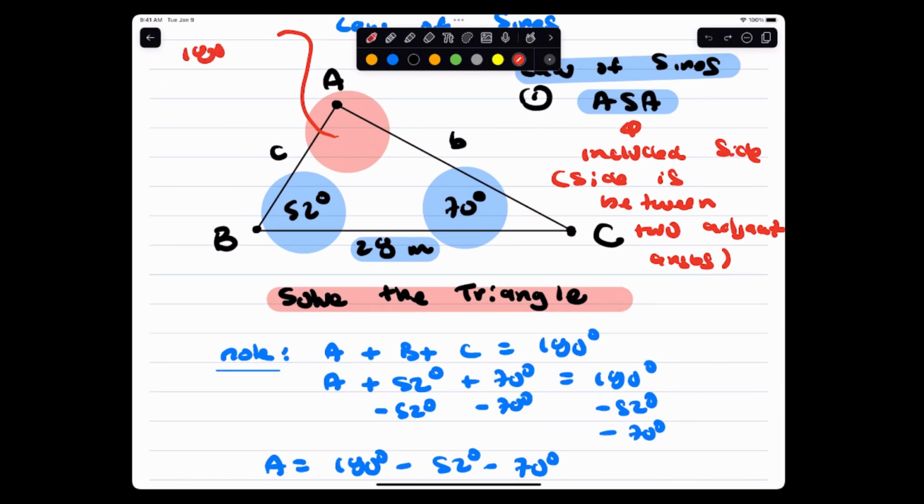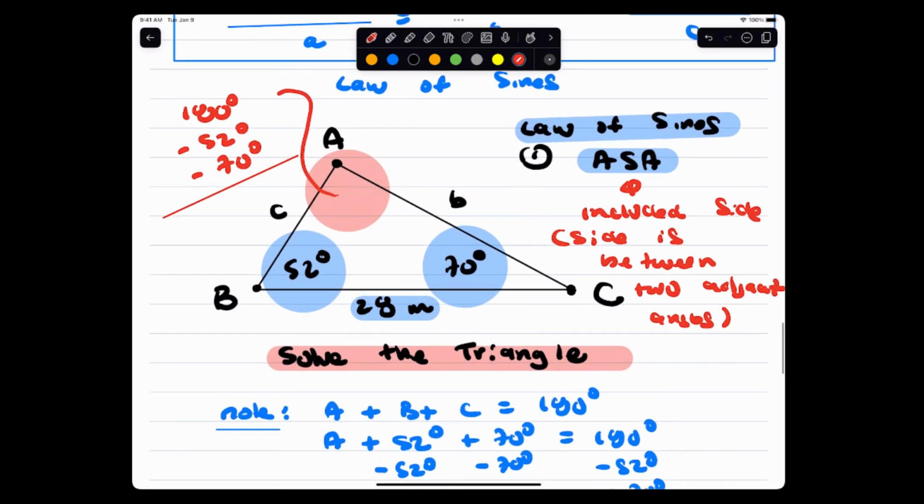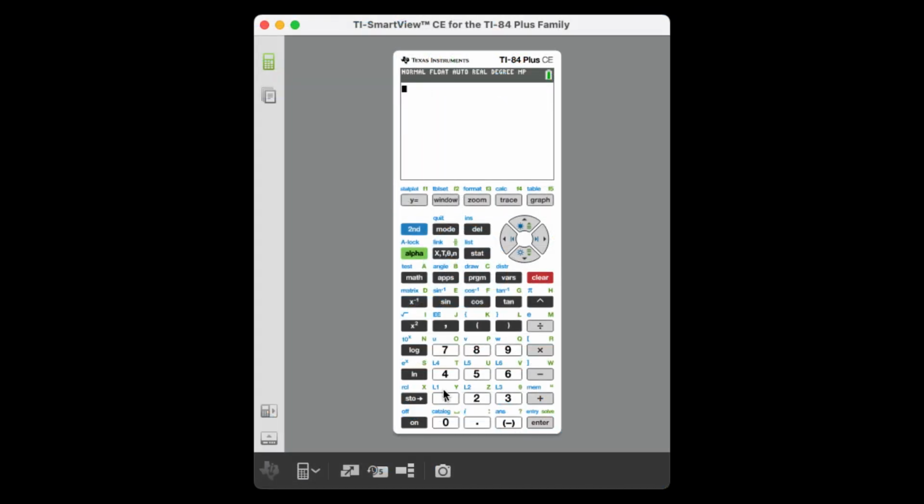180 minus 52 degrees minus 70 degrees. And what do you end up with? I don't know. Let's see. In your calculator, 180 minus 52 minus 70. Is that 58 degrees? Okay.